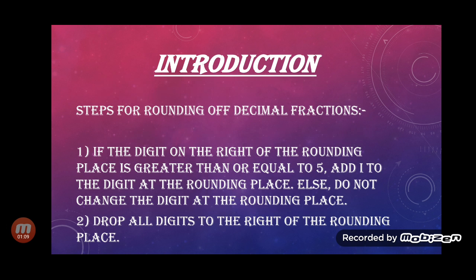And what were the steps? If the digit on the right of the rounding place is greater than or equal to 5, add 1 to the digit at the rounding place. Else, do not change the digit at the rounding place.